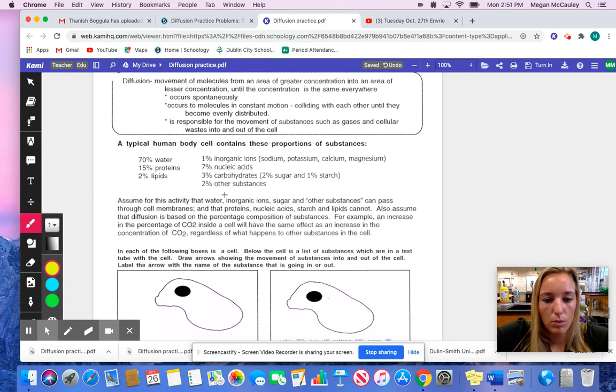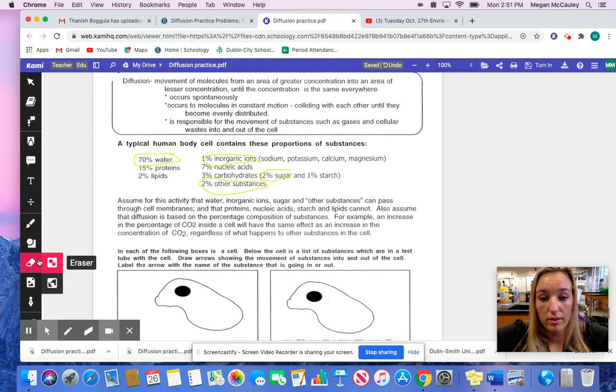Okay, so water, inorganic ions, sugars, and other substances can pass through the cell membrane, and proteins, nucleic acids, starch, and lipids cannot. So our water, our inorganic ions, our sugar, and our other substances are what is permeable to our cell membrane today.